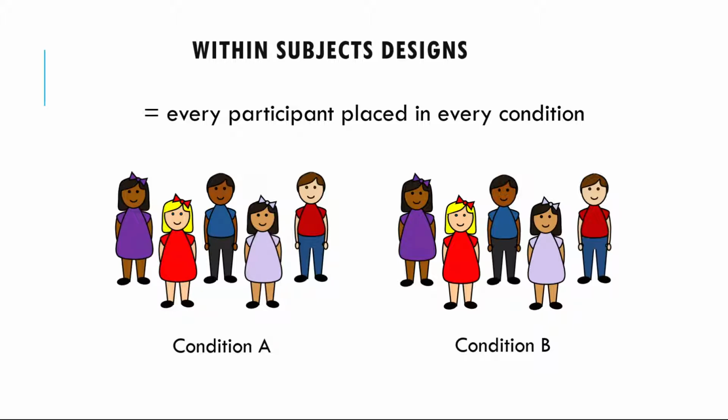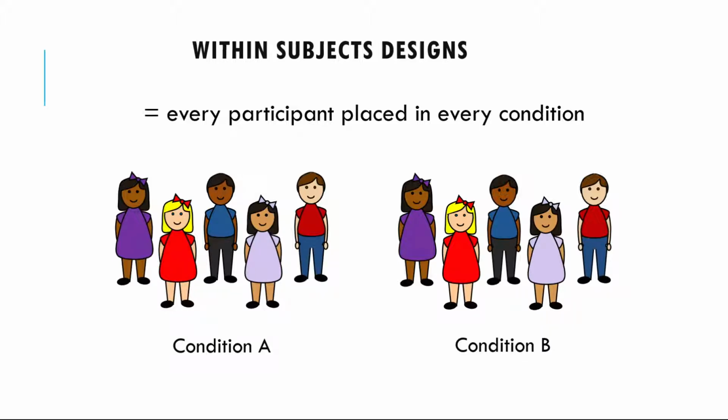In a within subjects experiment, however, the same group of participants would judge the guilt of both an attractive and an unattractive defendant. The primary advantage of this approach is that it provides maximum control of extraneous participant variables.